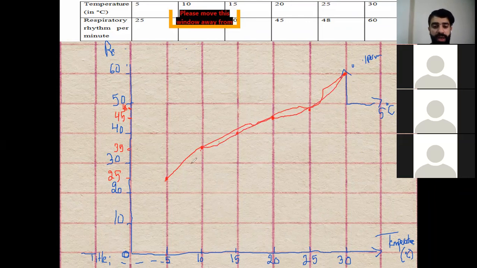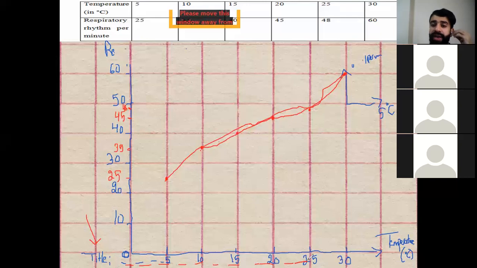So first of all, you draw the graph. We have to give it a title. You have to write the title here: graph showing the variation of the respiratory rhythm per minute as a function of temperature. Then you have to write the scale, then the title of the axes, don't forget this, and then finally you have to plot it. So first, write the title.